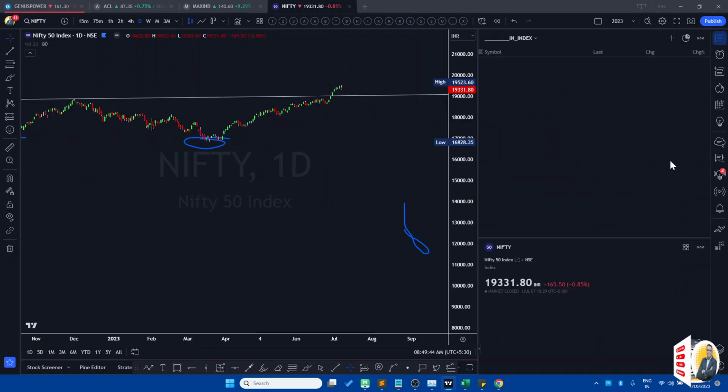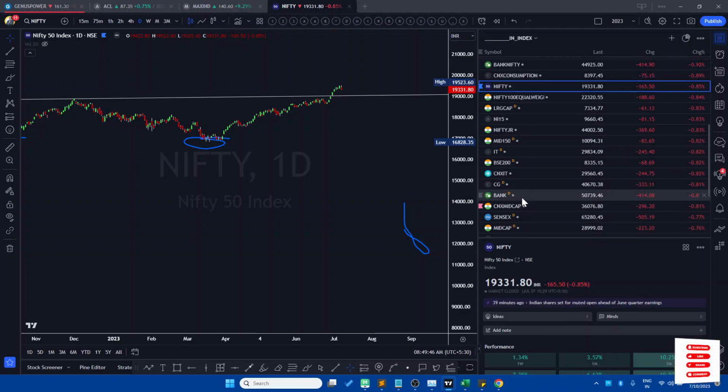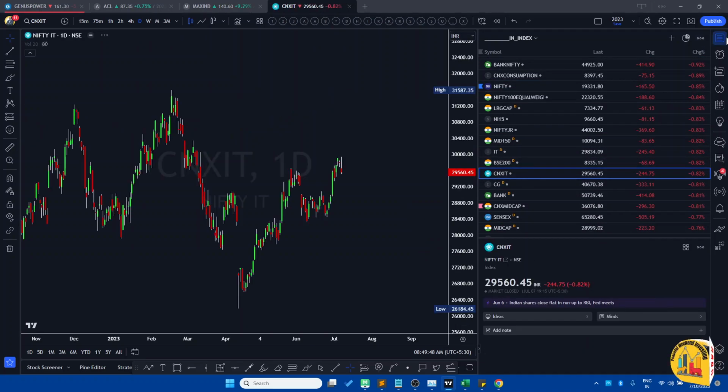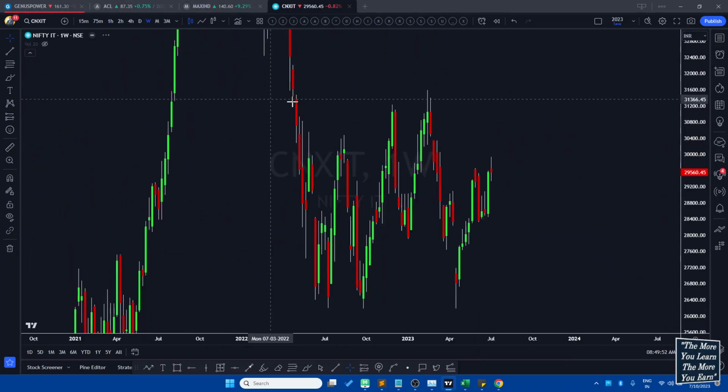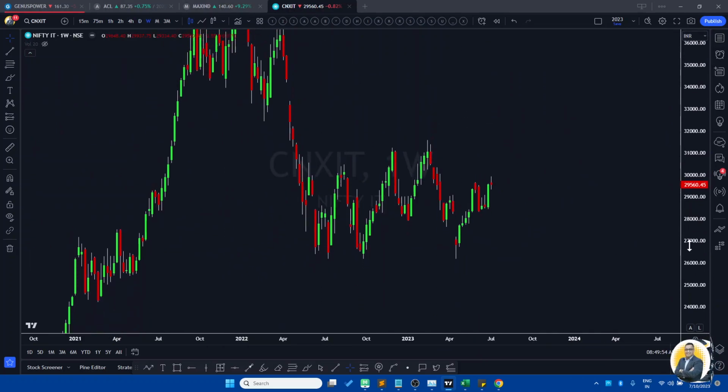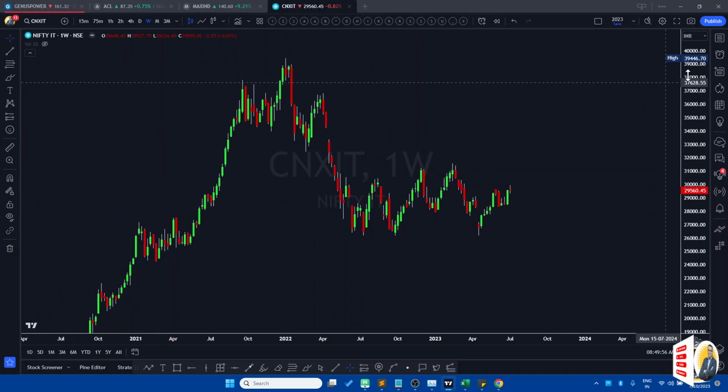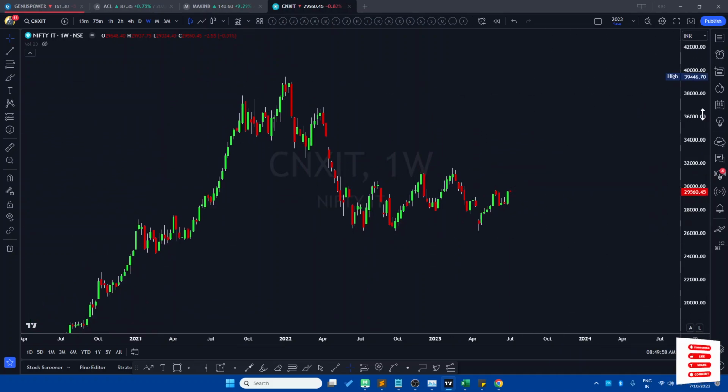Now let's look at sectors which might be of interest to me, which are probably setting up nicely, and you can also look at them. Again, this is Nifty IT. My view on IT is that at this point it is sideways because nobody's talking about it, and that's where I love to be part of it, because the auto sector has been booming.